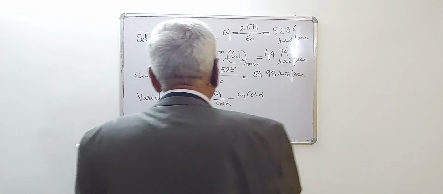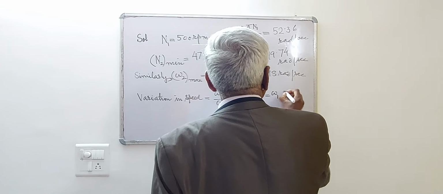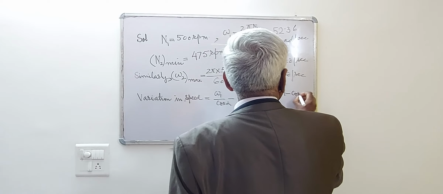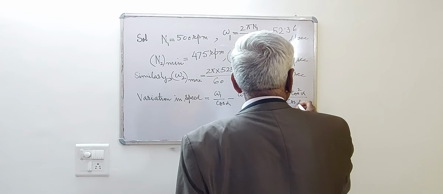Or it can be written as omega 1 times 1 minus cos square alpha divided by cos alpha.